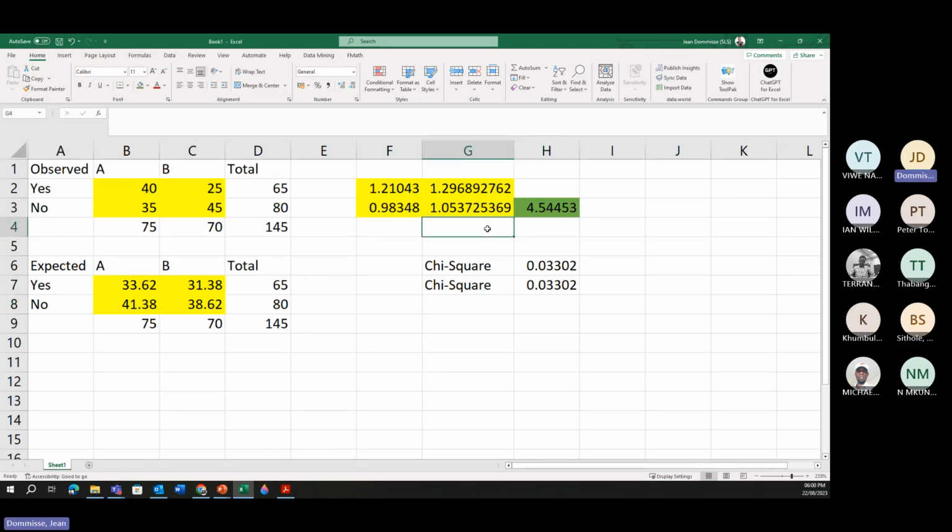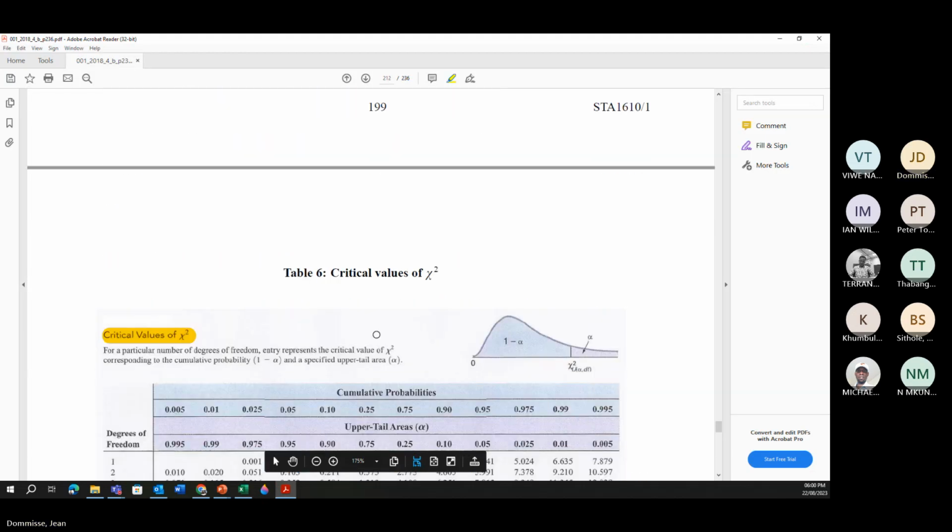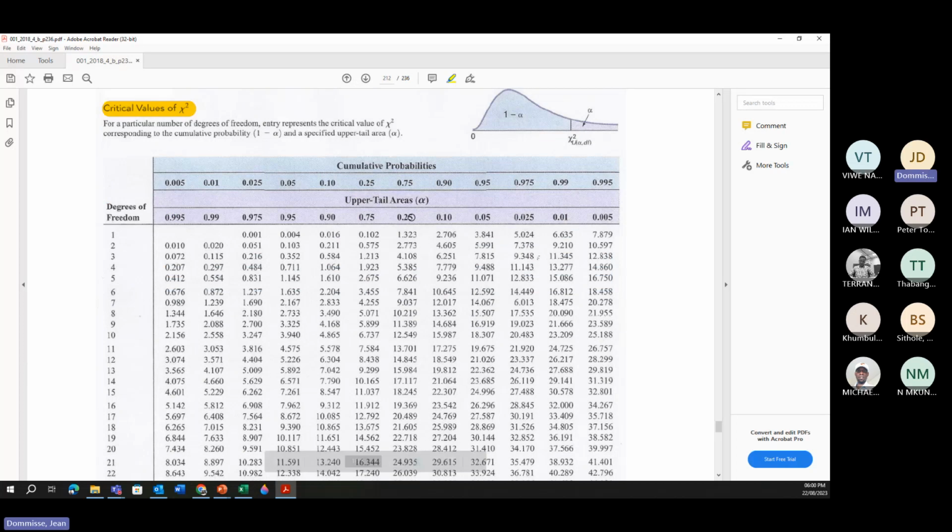Let me just do something extra, because if we now look at the chi-square, the degrees of freedom was 1 and the 0.5, the 0.55.